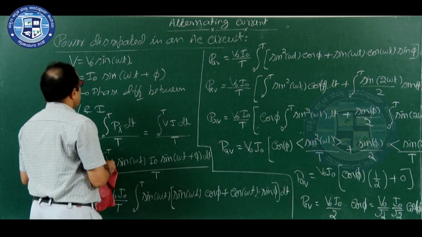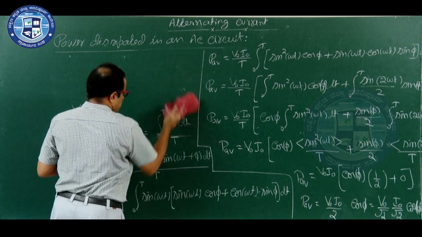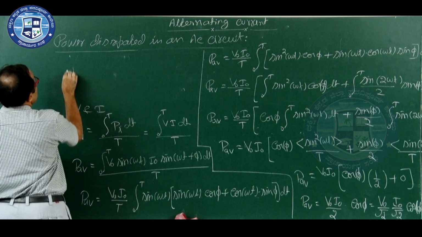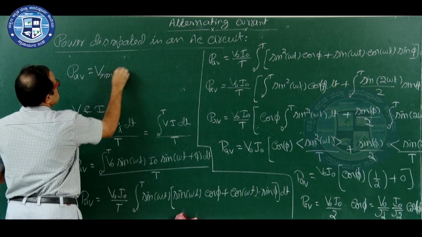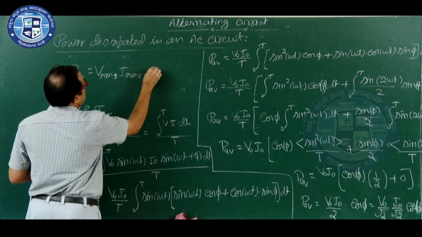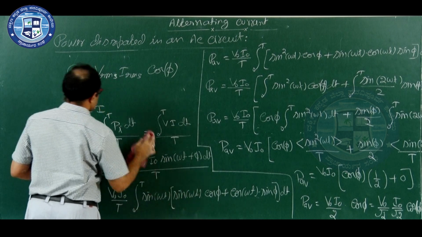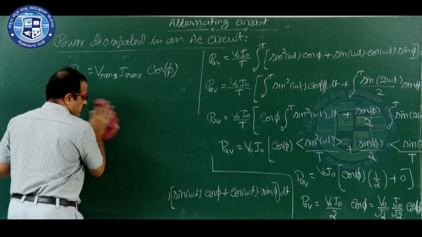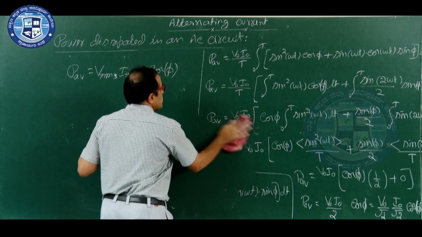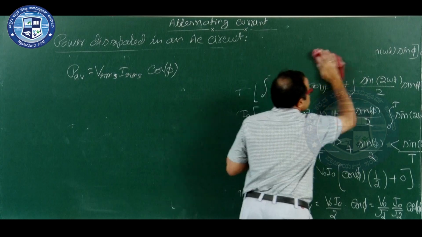Therefore, average power consumption P average is equal to VRMS IRMS into cos phi. This is the formula for average power consumption when AC flows through any circuit.